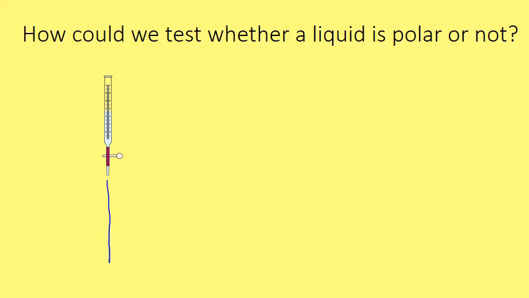When you introduce a charged rod, so let's draw this charged rod here, and bring it close to the stream of water, what you would see is the water being attracted to the charged rod and becoming deflected in its path.